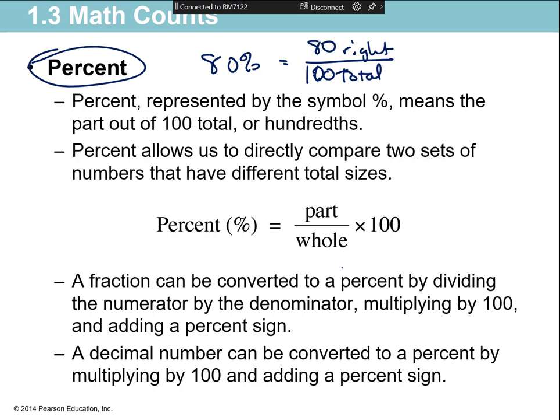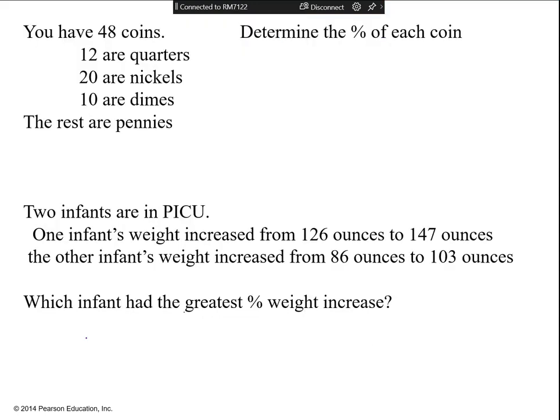So if I had 48 coins, 12 of them are quarters, okay? If I wanted to know the percent of quarters, how many are quarters? 12. So I have 12 quarters, and how many total coins? 48. So notice if I just did this math, I'd get a decimal place.